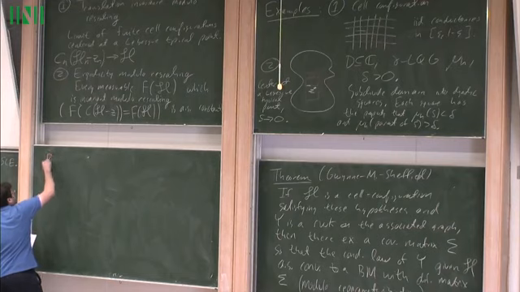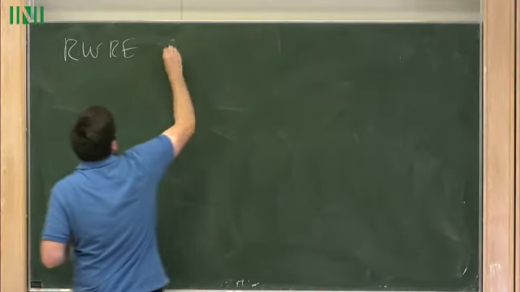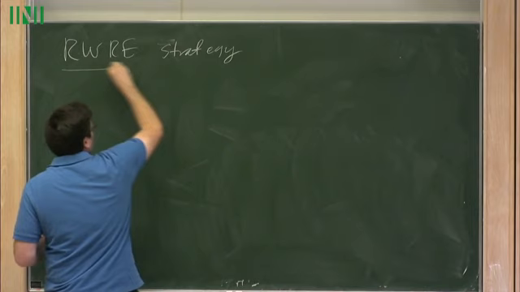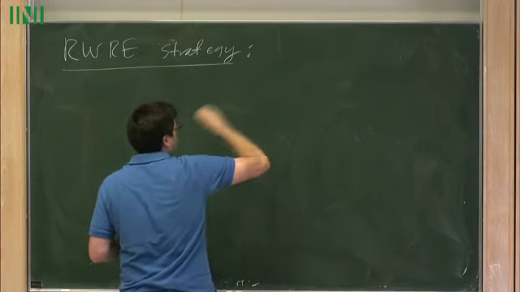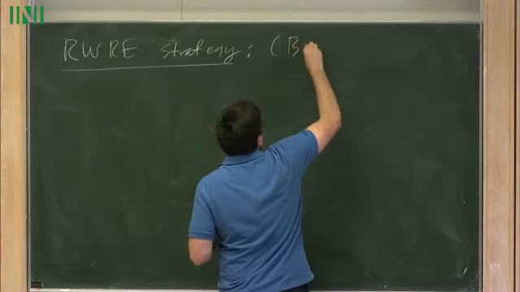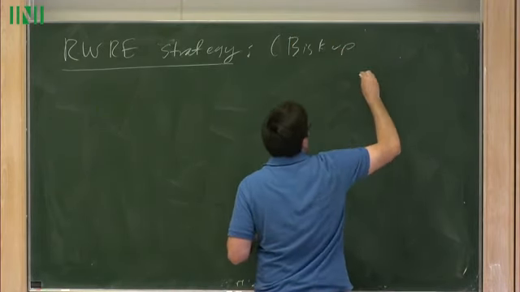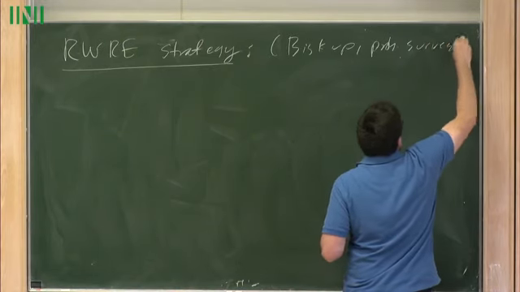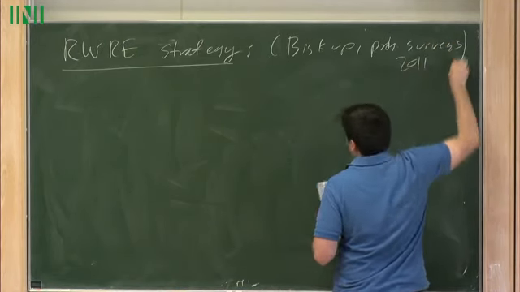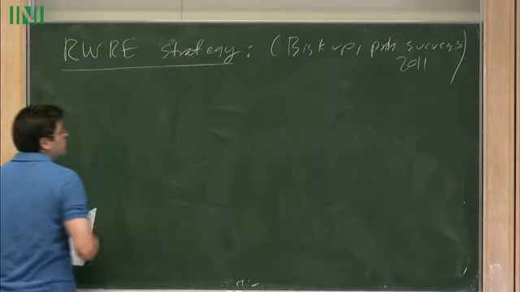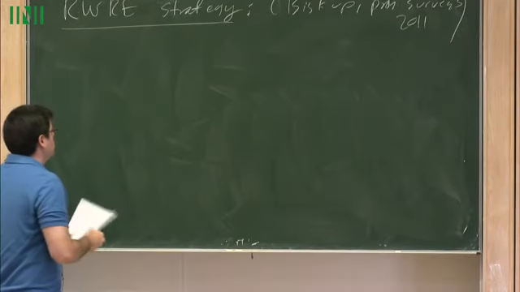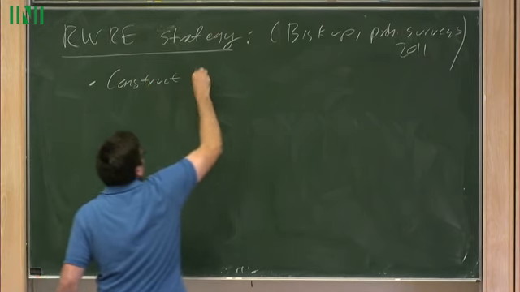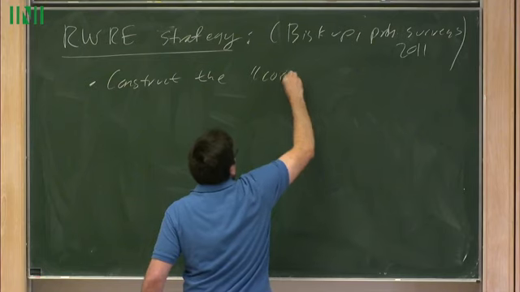So what is the random walk in random environment strategy? One very nice place to read about this, by the way, is that Marek Biskup has a very nice survey article in Probability Surveys, which I think was published in 2011. The strategy is you try to construct something which is called the corrector.